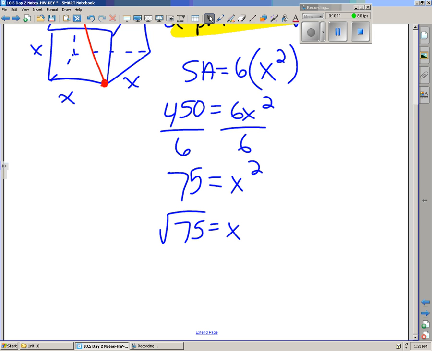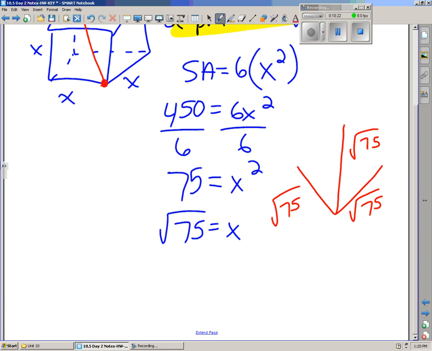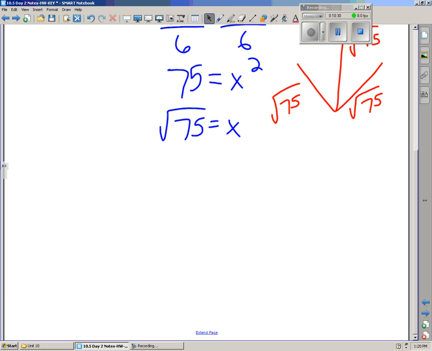If we now think about the lengths of the sides, and I'm going to draw the corner, we know that all of these pieces are radical 75, and we want to find the volume and the length of the diagonal. If we go for the volume first, volume is the area of the base times the height of the solid.